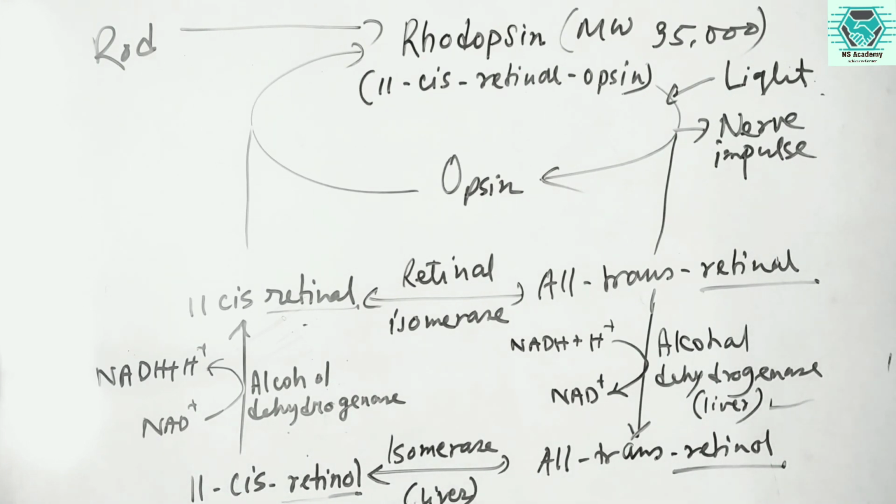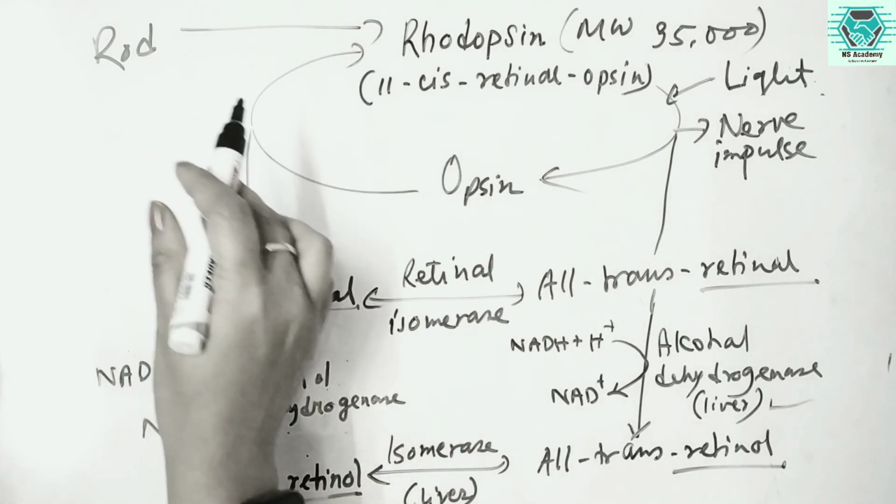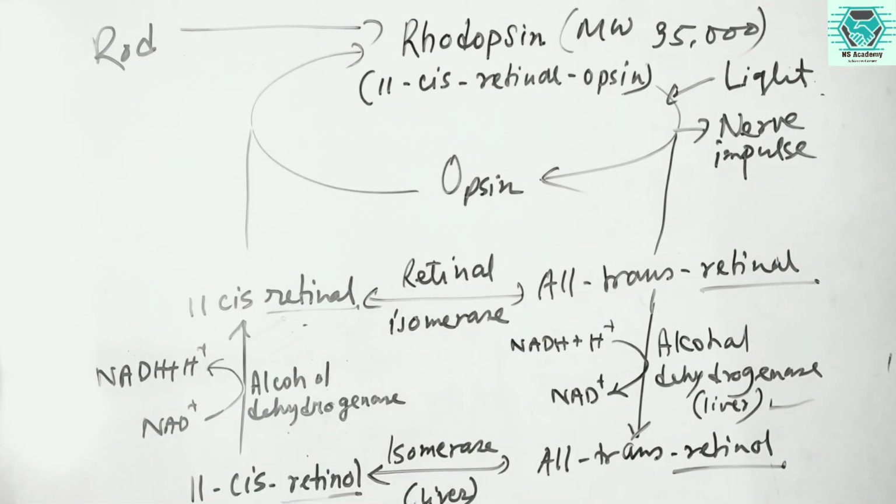So regarding the visual function of vitamin A, this rhodopsin cycle or Wald visual cycle is the most important, and this is the mechanism of how the cycle takes place.